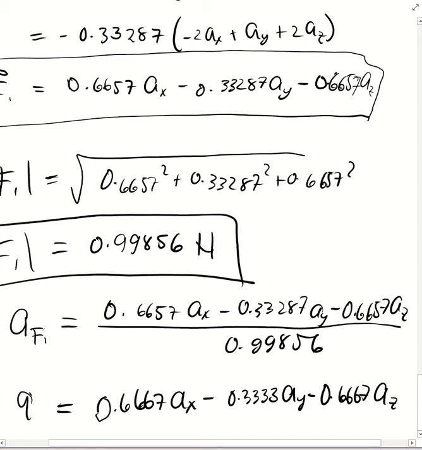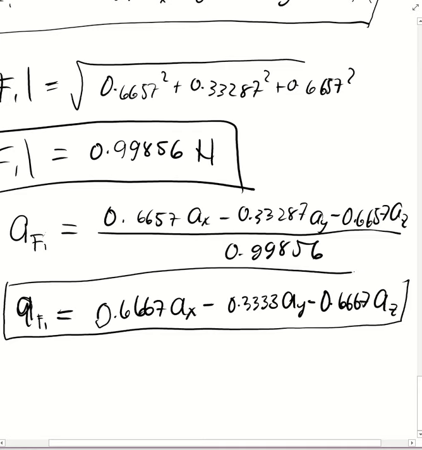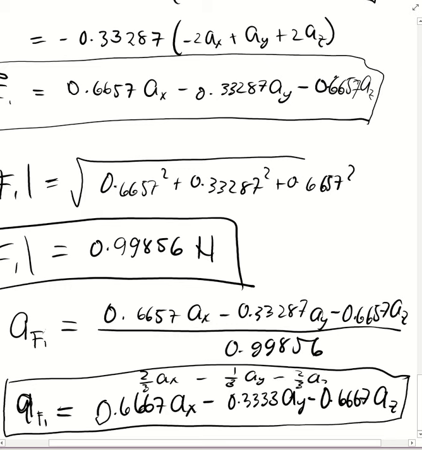Easy. So this will be the vector or the unit vector or the direction of that vector F1. In fraction, this is 2/3 ax minus 1/3 ay minus 2/3 az.